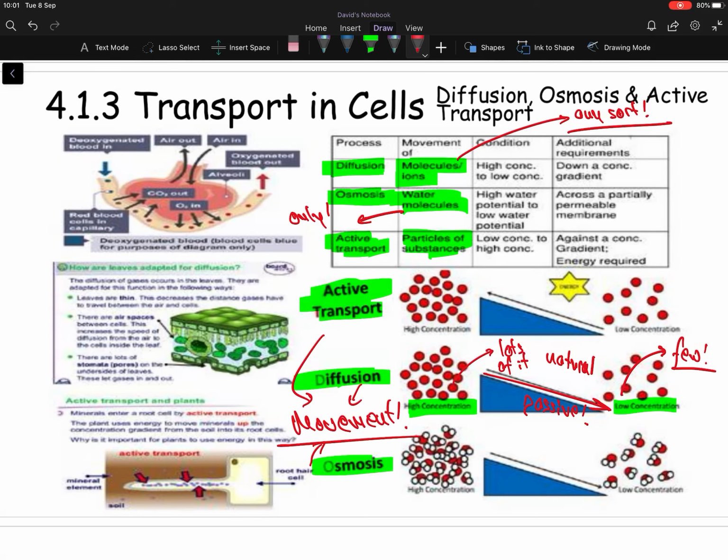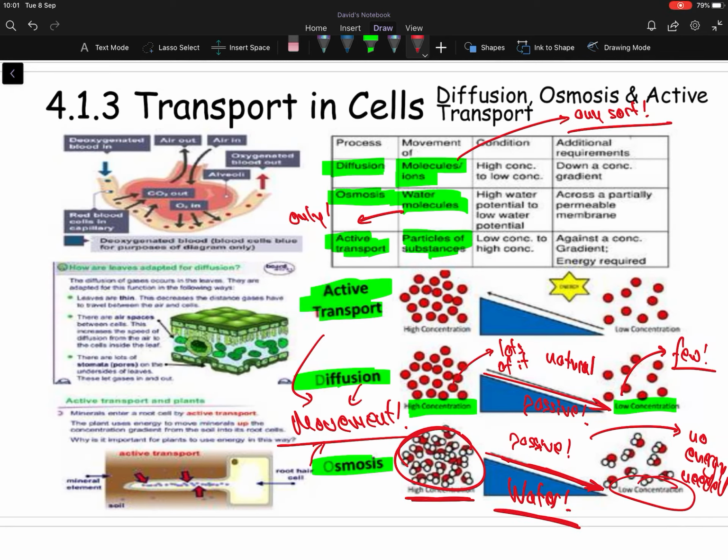Osmosis is the exact same process, so we're talking about moving from areas of a high concentration where there's lots of particles to areas where there is a low concentration. So again, it is also a passive process, so it doesn't require energy. But it only involves water.